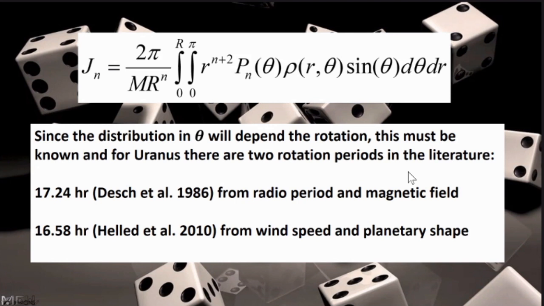And then if you look at the wind speed and the planetary shape, Ravit did this, 16.58 hours, and that's going to make a difference in the J's. So there's a legitimate reason, not just the being lazy reason, that you don't want to use the J's.